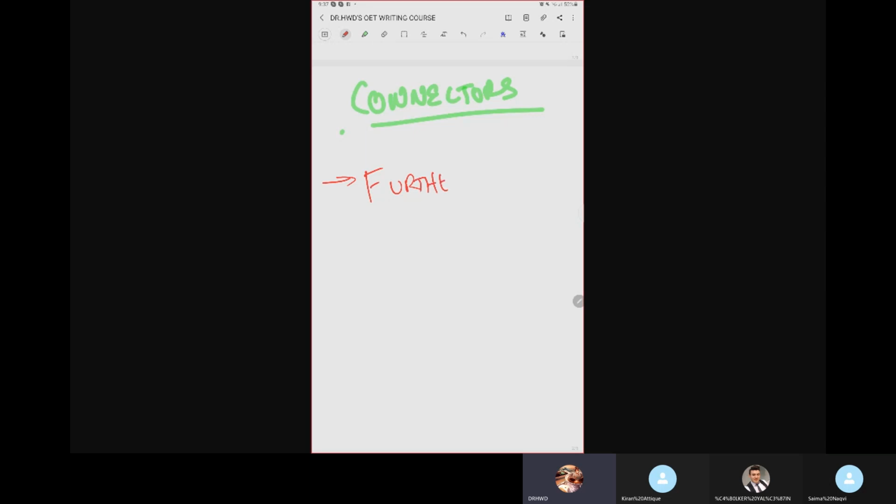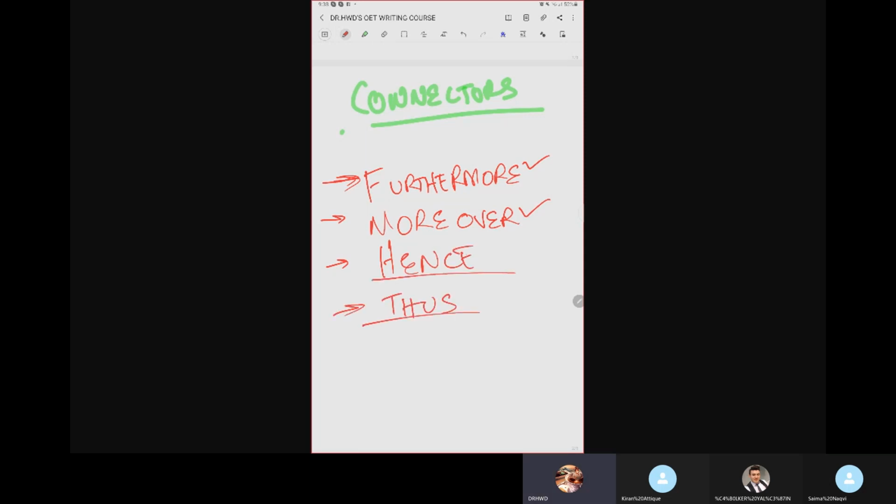If you were taking IELTS or TOEFL, you might have used these words, but in OET, they actually hate when you use them. These are connectors: furthermore, moreover, hence, thus. These are words that you should never ever use in your letter writing.